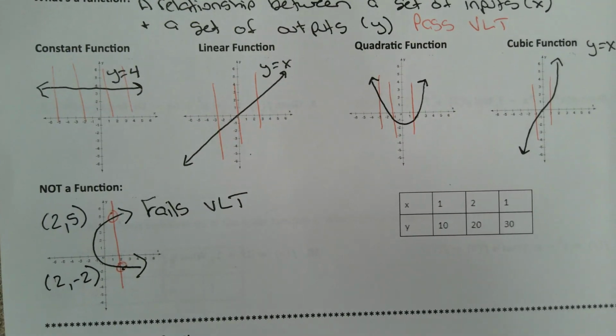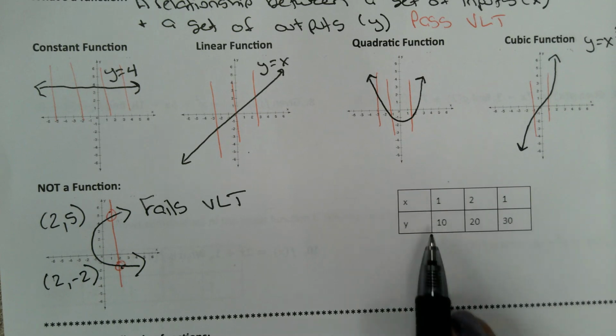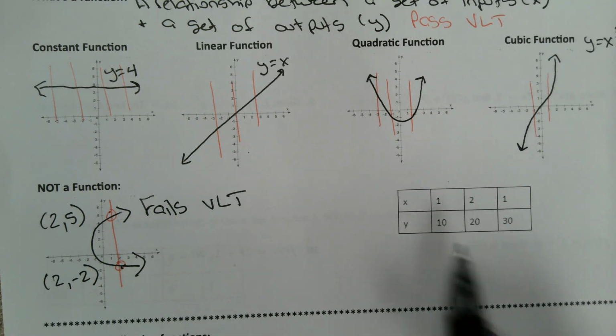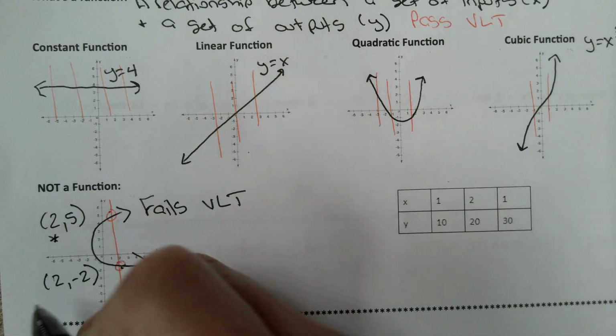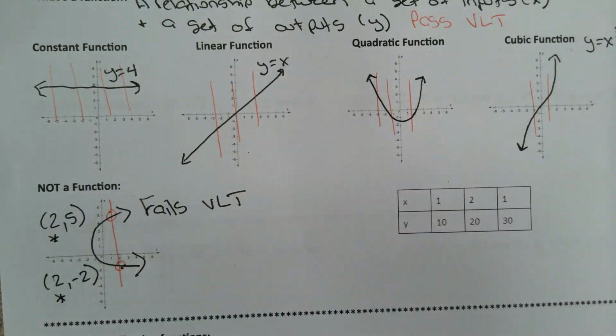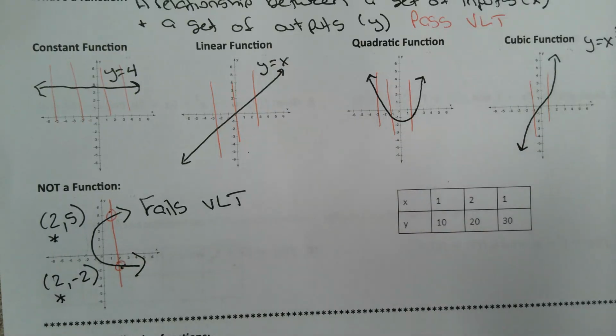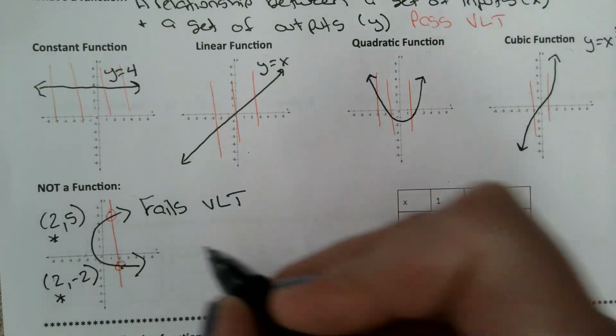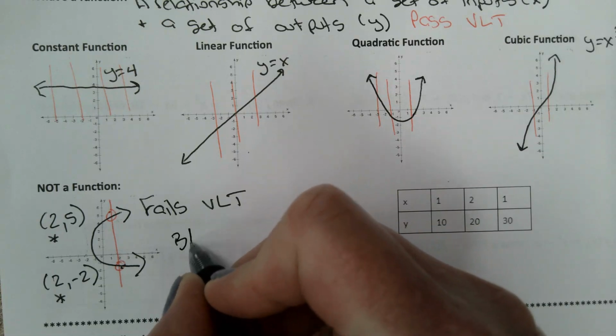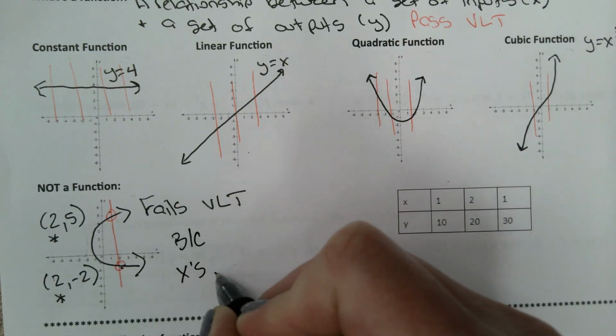And this is the point at about 2, -2. And so if you were looking at maybe a table of values or something, what you would notice is that it fails and it's not a function because your x's repeat.